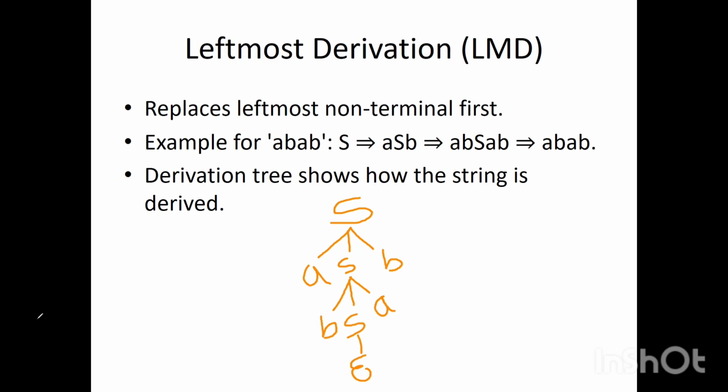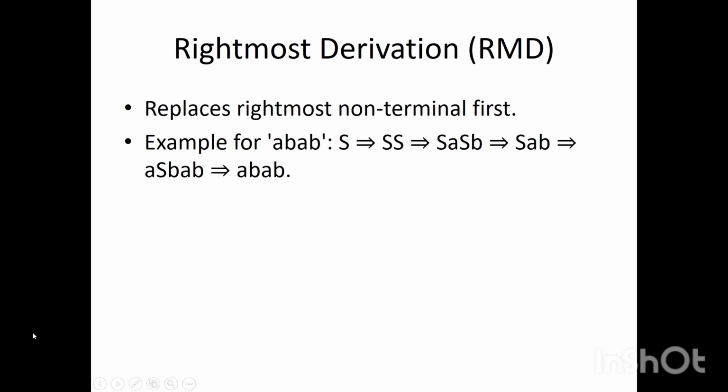Now we will head towards the rightmost tree. Okay. Rightmost derivation replaces rightmost non-terminal first.